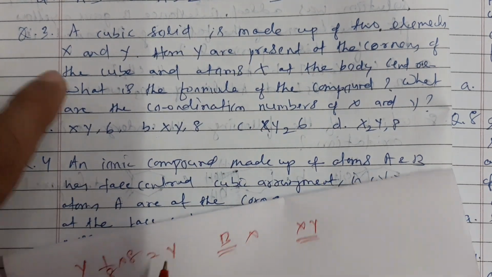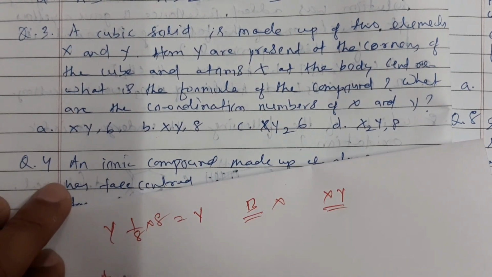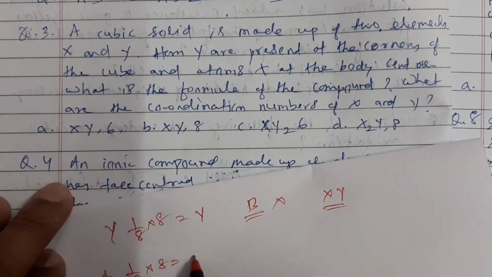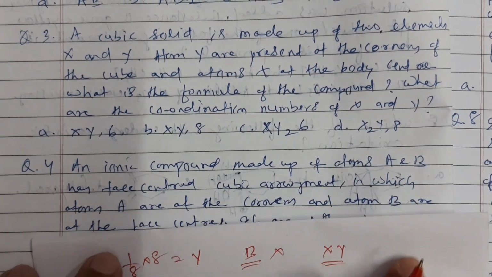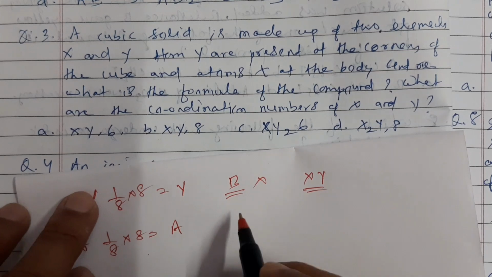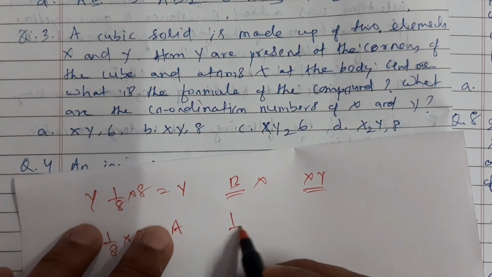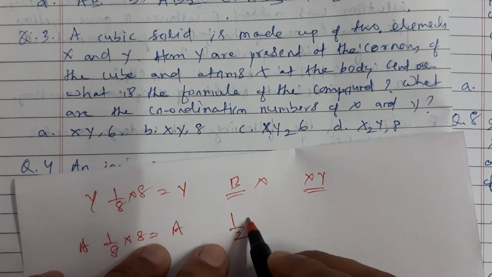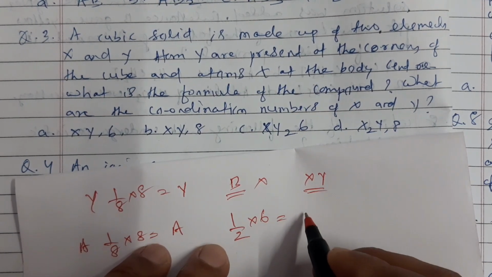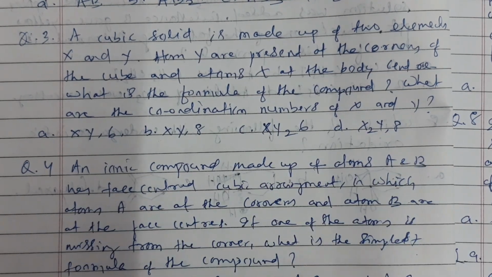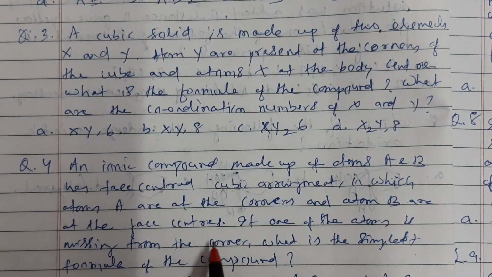So you see, A at the corner: 1 by 8 multiplied by 8 is equal to A. Then atoms B are at the face centers. For a face-centered atom, it is shared with 2, so for 1 it is half. For 6 faces you will get 3. So B is 3.